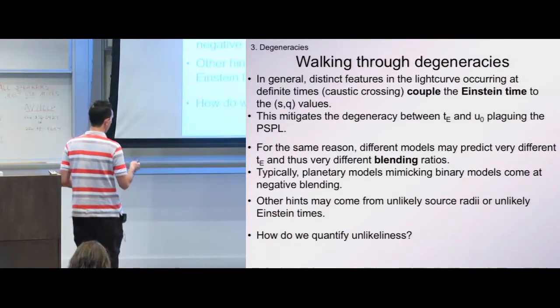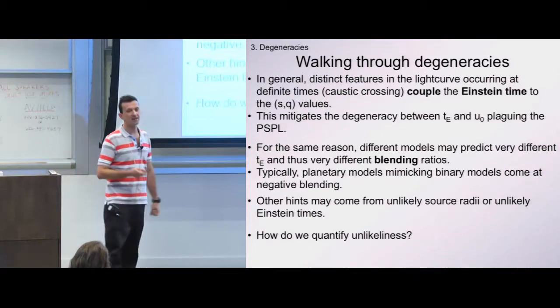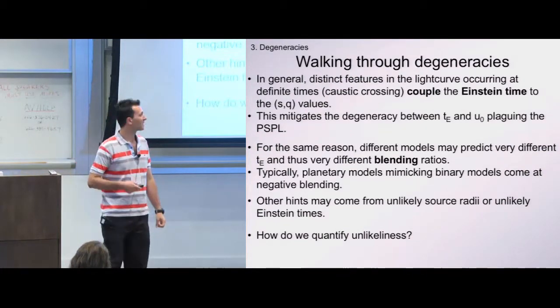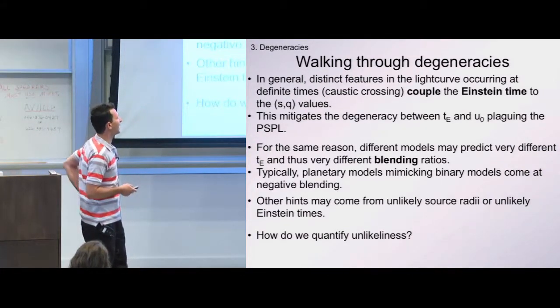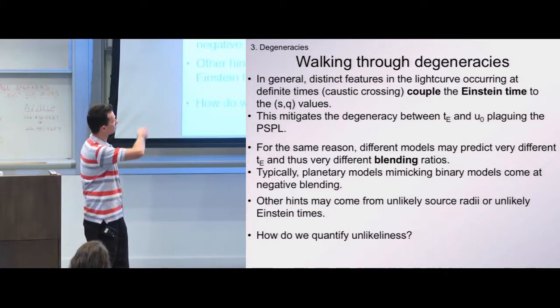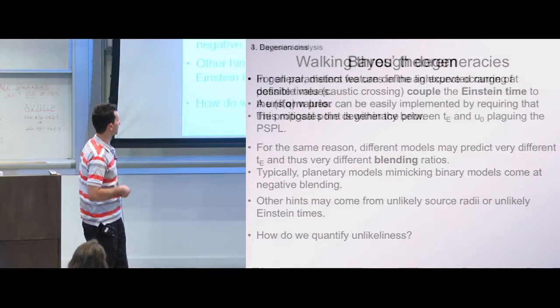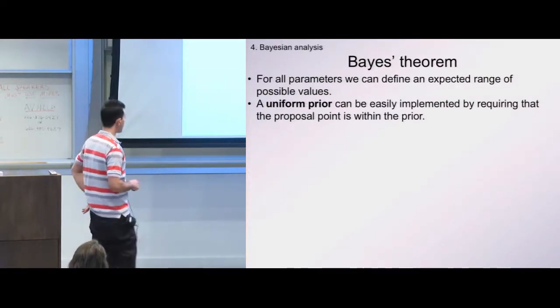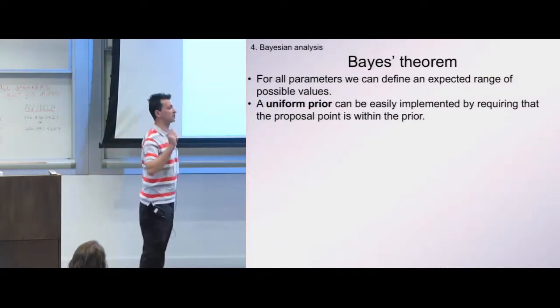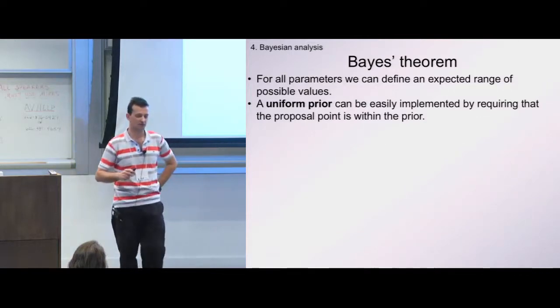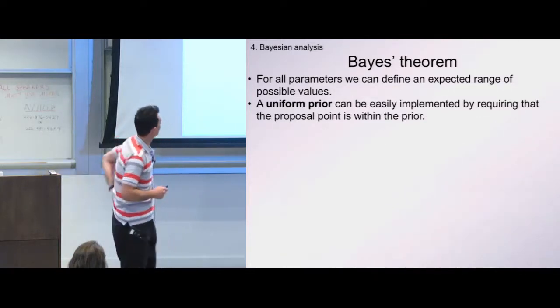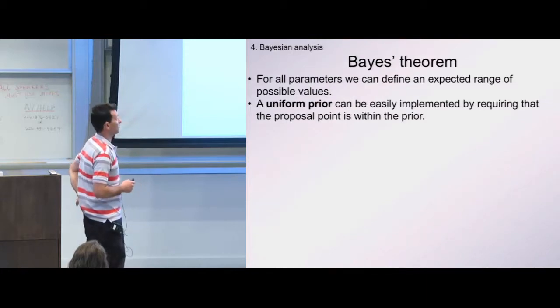So at this point, we have to discuss the unlikeliness of models. How do we quantify unlikeliness? How can we say, well, this source radius is unlikely? We will never observe something like that. At this point, we can combine this external information, the likeliness of measuring something, with our fit.